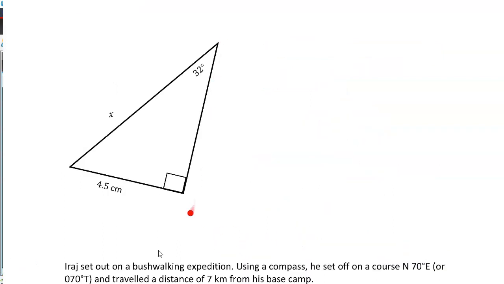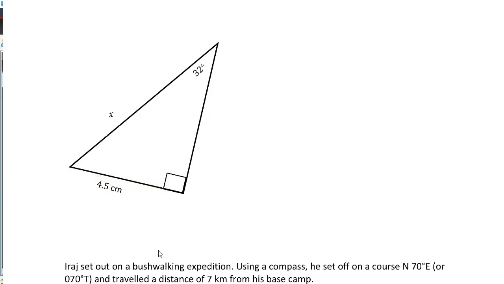Okay, so here's another one. There's my angle of interest there, my reference angle. This time, I want to figure out what the hypotenuse is. Now, I know that's the hypotenuse because it's opposite the right angle. Now, what is this side? Is it opposite or adjacent to the angle?